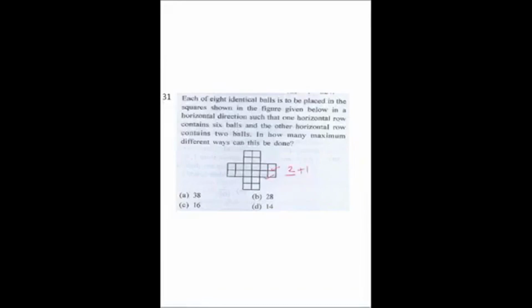Now the remaining 5 rows are there. So 5C1, that will be 5. Suppose initially we took this A, then of the remaining 5 we took 1, so that is 5, and this is one way of putting the balls in 6 squares of A. Plus if we selected this, then we have 6P2. Out of 6, 2 squares we have to select in which we will put balls.